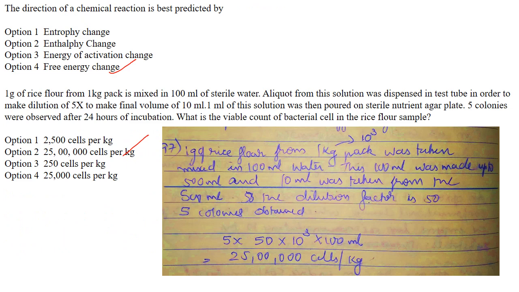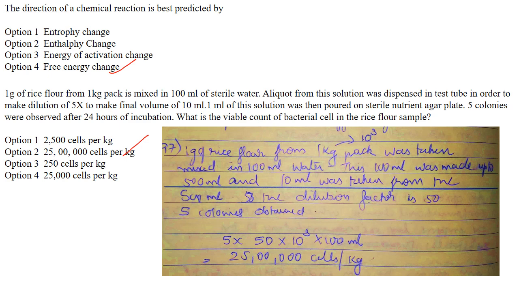The direction of chemical reaction is best predicted by free energy change. Then 1 gram of rice flour from 1 kilogram pack is mixed in 100 ml of sterile water.